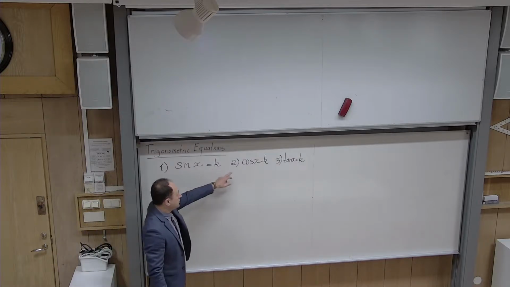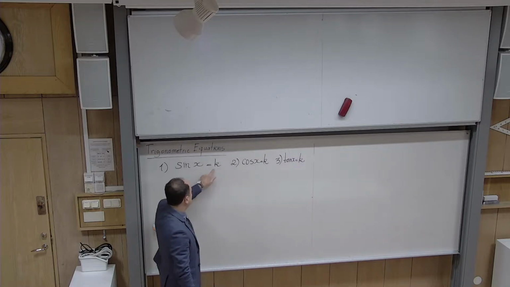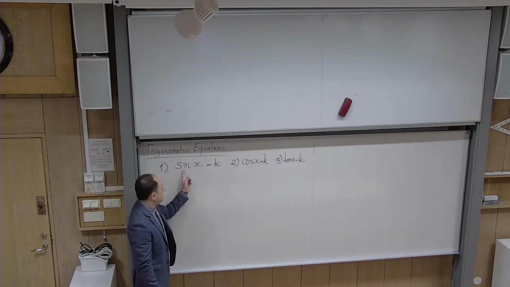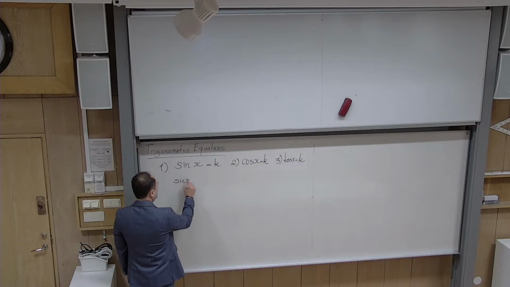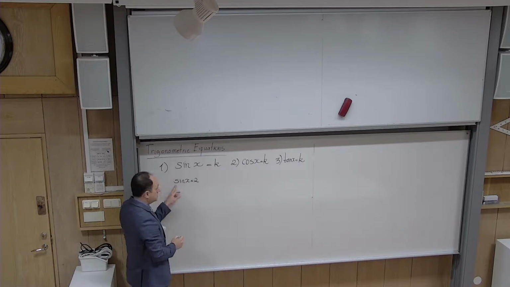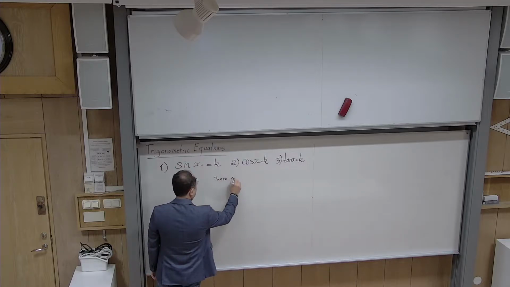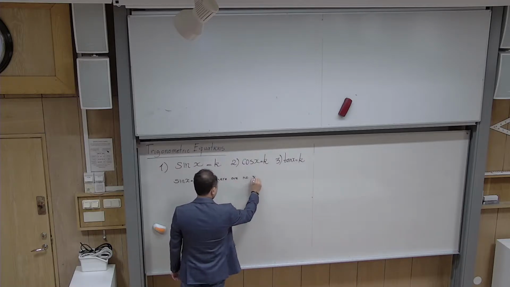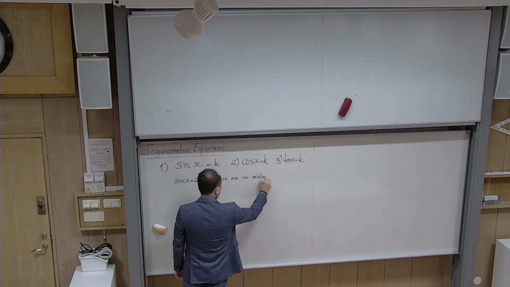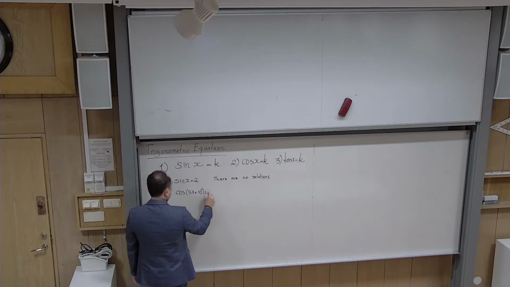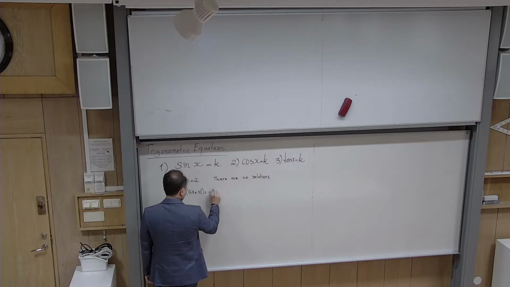For this one and that one I have some limitations, because we learned that sine is maximally 1 and minimally minus 1. So if I ask you to solve this equation, sine x equals 2, I can ask this, but the answer is there are no solutions. I can ask you cosine of 5x plus 10 degrees equals negative square root of 3.